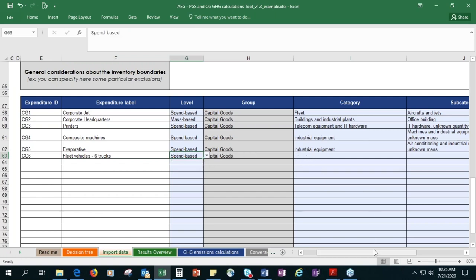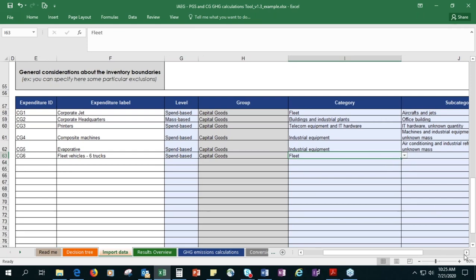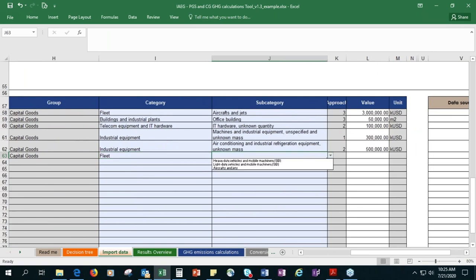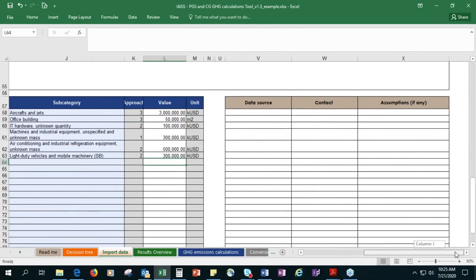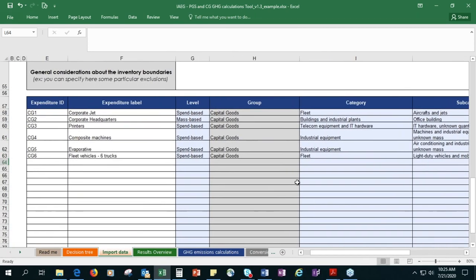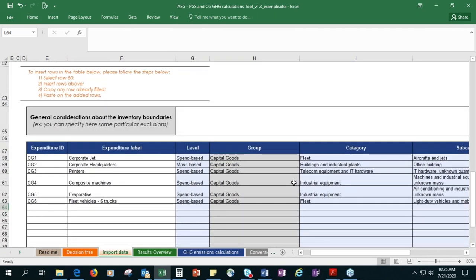Just more likely that you may have spend-based data for things like a fleet vehicle, for instance. So we'll choose the category, fleet, and then the subcategory, we'll say light-duty vehicles, and we'll say $300,000.